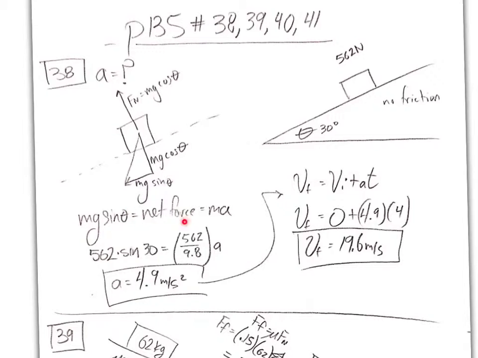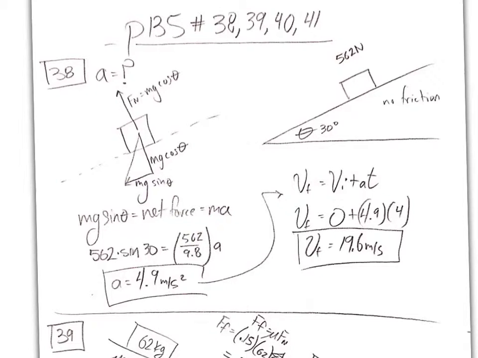Plug in our values. Notice how I'm doing weight divided by 9.8 to get mass. Weight and mass are not the same thing. And solving for a, 4.9 meters per second squared, or half the acceleration due to gravity.